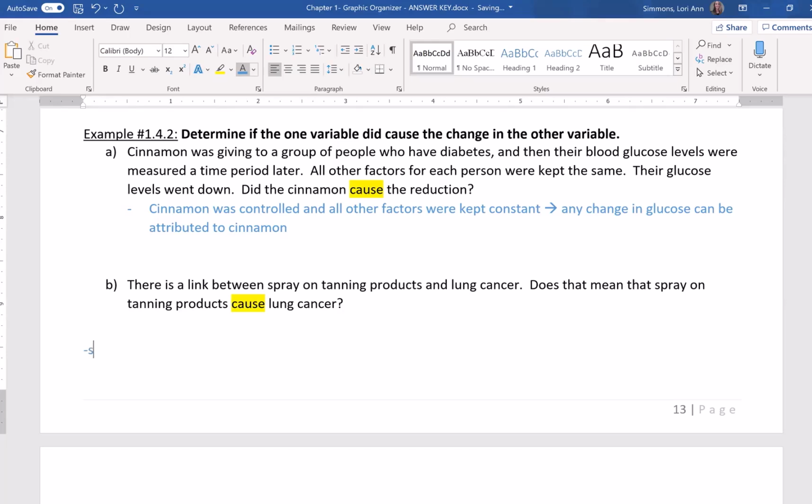So we can say, since there is only a link, not an experiment controlling the use of the tanning spray, you cannot say that increased use caused lung cancer.